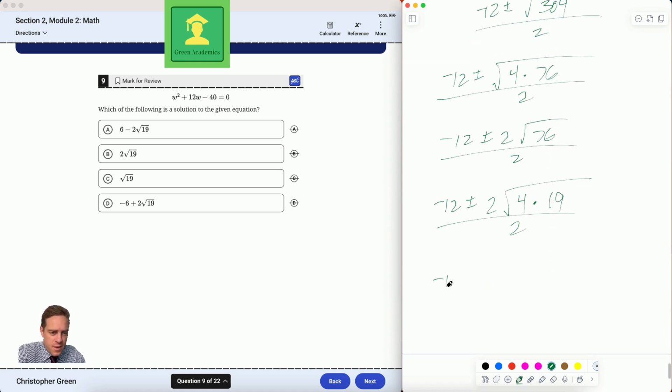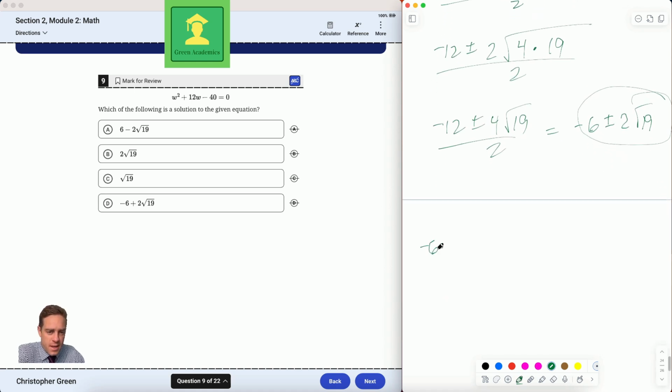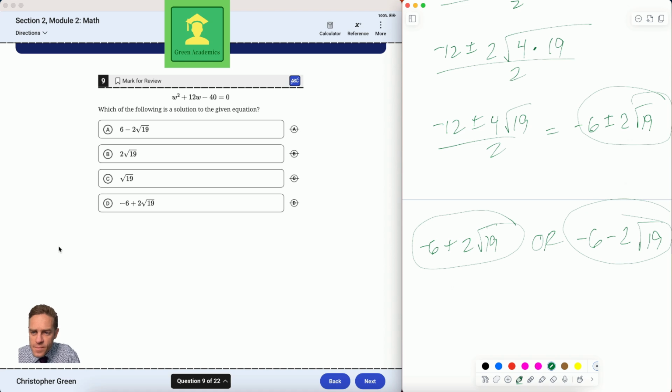So then this becomes negative 12 plus or minus 4 radical 19 over 2. And at the end, that's negative 6 plus or minus 2 radical 19. So the acceptable answers would have been negative 6 plus 2 root 19 or negative 6 minus 2 root 19.